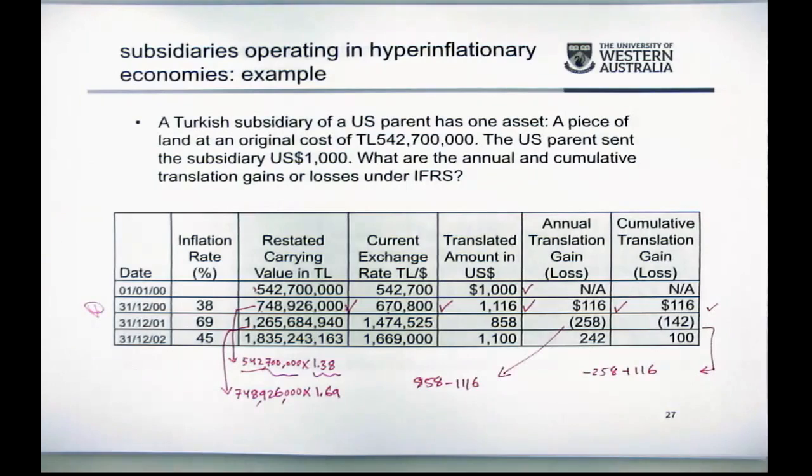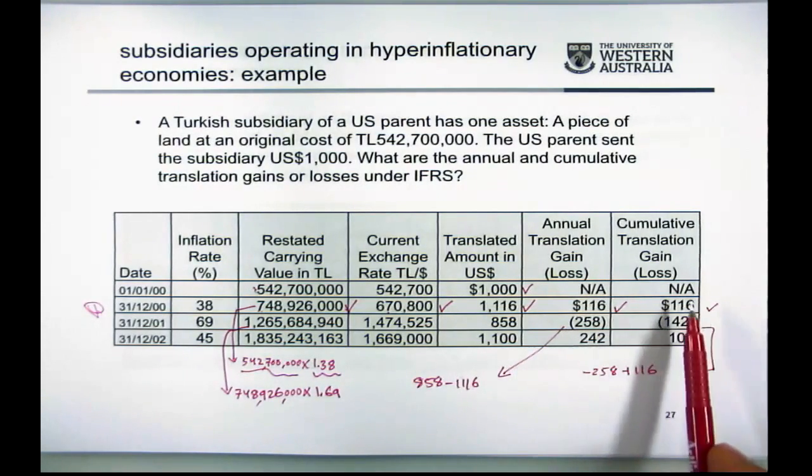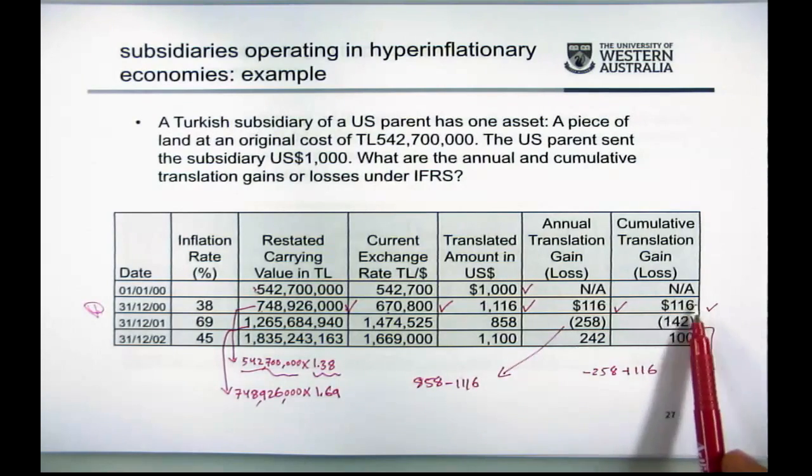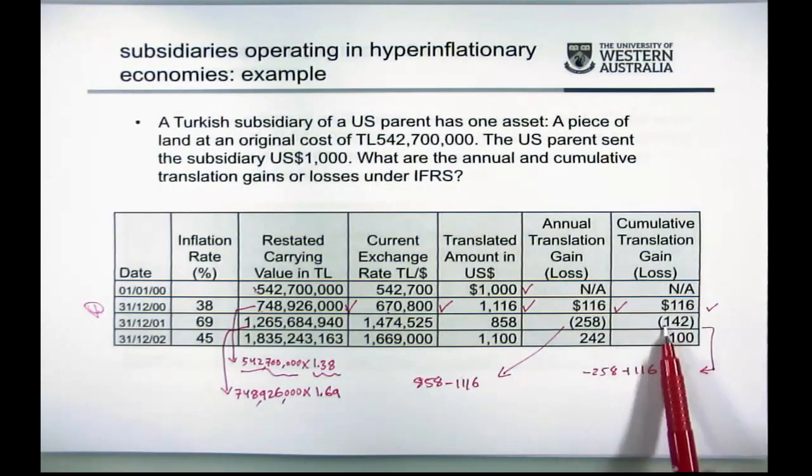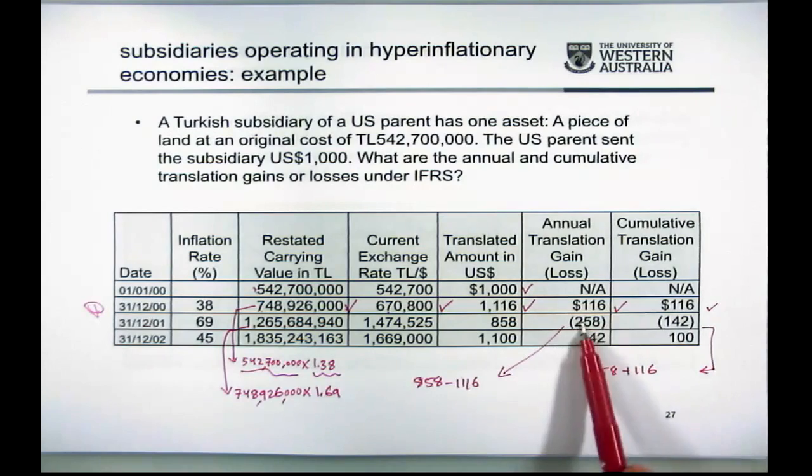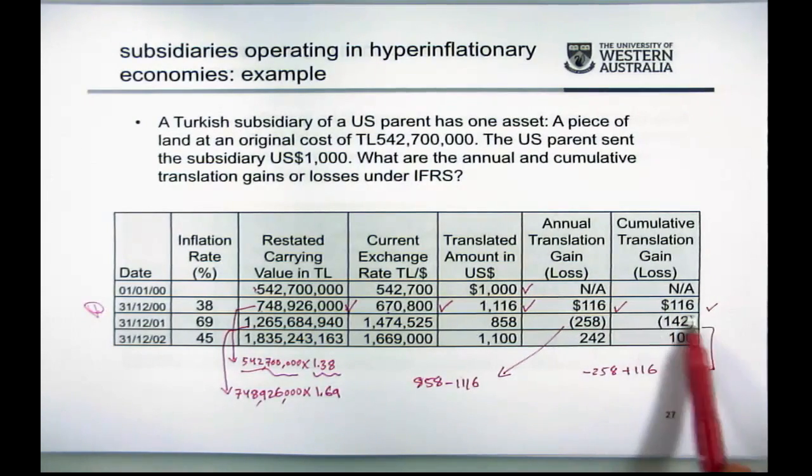Okay? Make sense? So we add this loss to the beginning balance of the cumulative gain or loss, and we get the ending balance. So this one plus this one gives you the ending balance, or the cumulative balance of gain or losses. Okay?